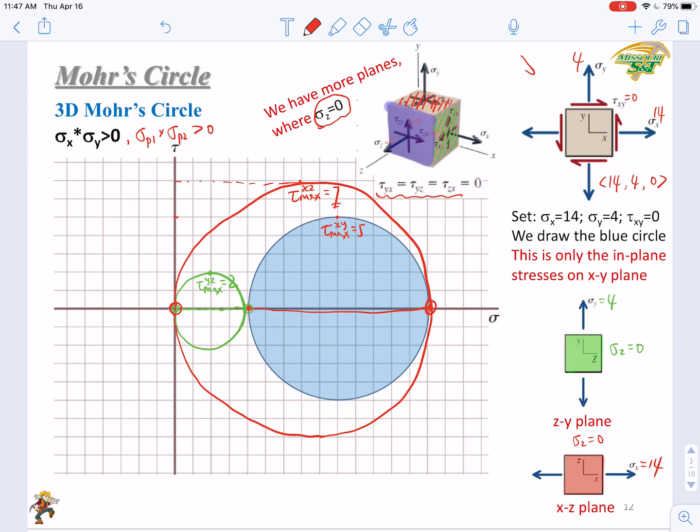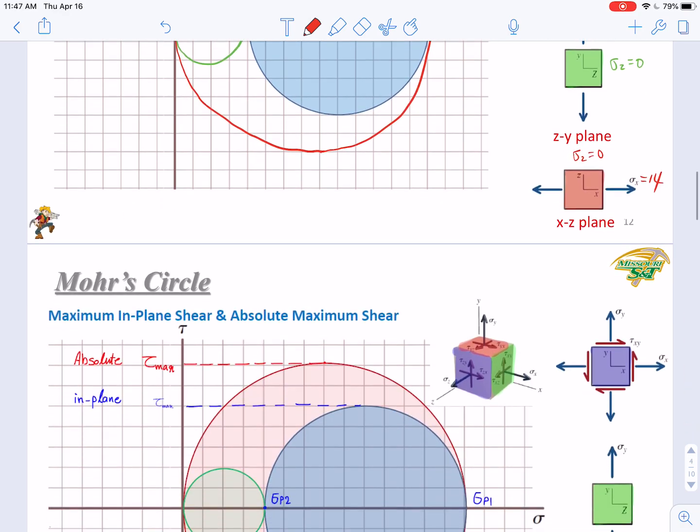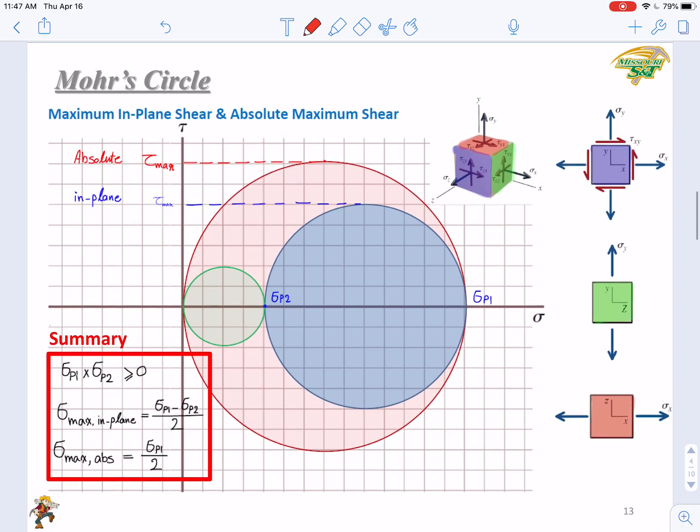Okay, so let's summarize this. If you have sigma p1 times sigma p2 larger than 0, then the maximum in-plane shear stress will be sigma p1 minus sigma p2 over 2.